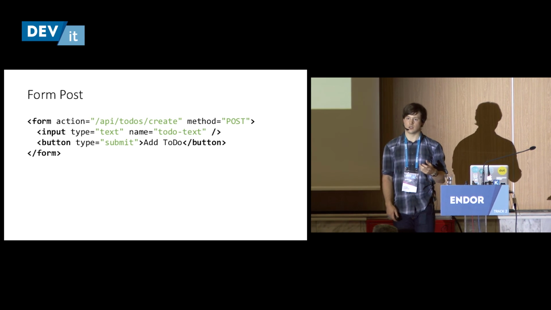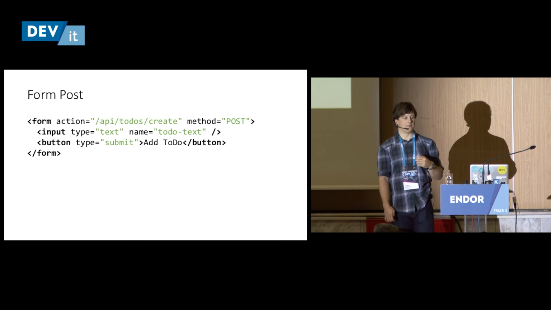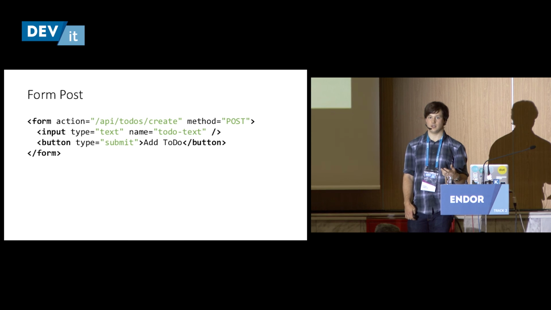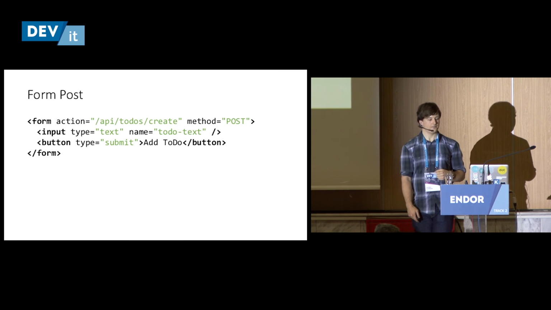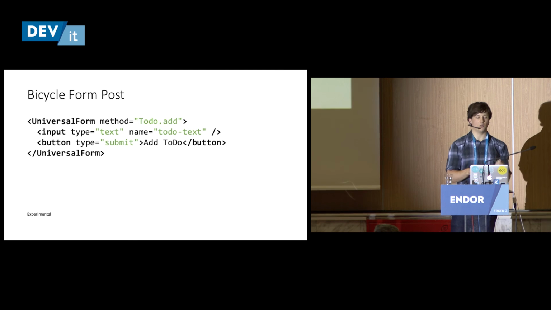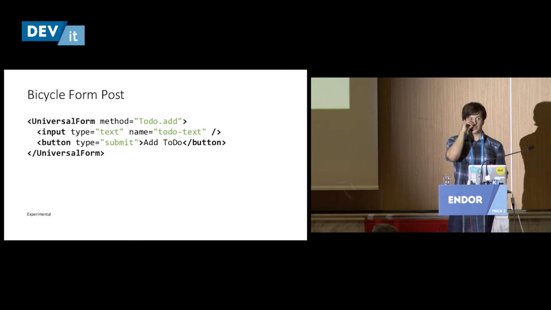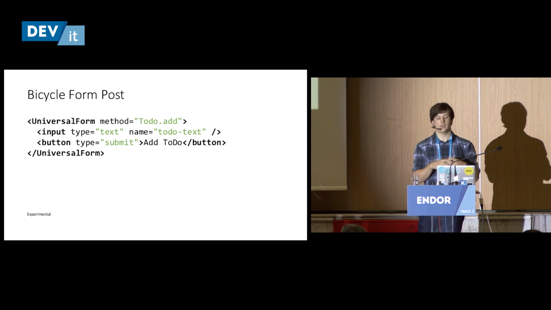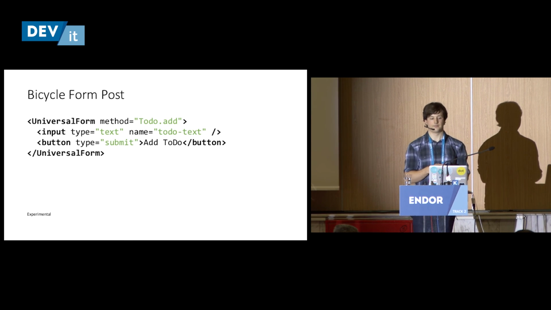So it works great on the server, but you can also simply attach the onSubmit event on the client and handle this in the browser as well. You could abstract that into some kind of universal form component and make it call the appropriate method on the client and also post the appropriate message to the server, which means you can solve this once for your entire application and then reuse it everywhere.